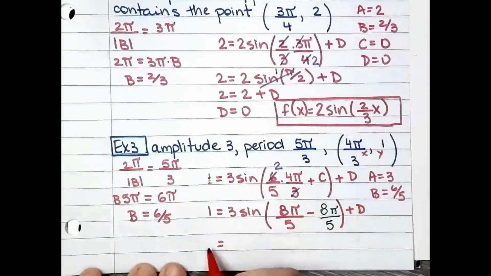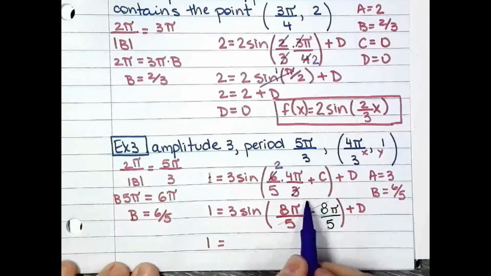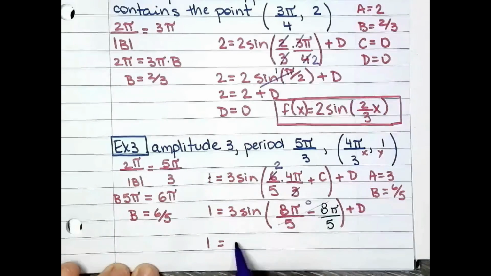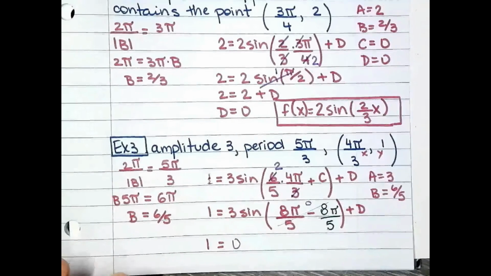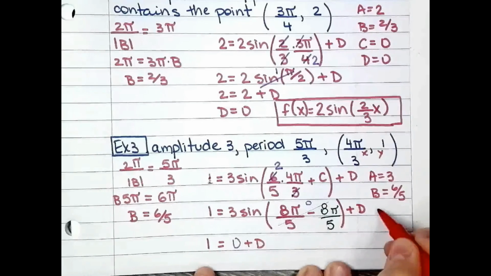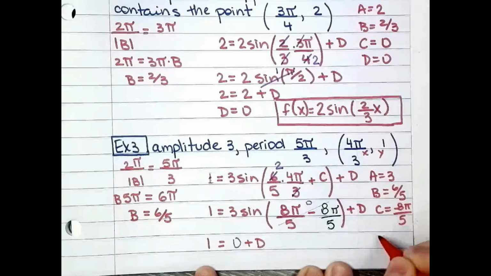It makes everything better. So if this whole thing is 0, sine of 0 is 0, 3 times 0 is 0. So I have 0 right there. Okay? Plus D. So C is negative 8 pi over 5.